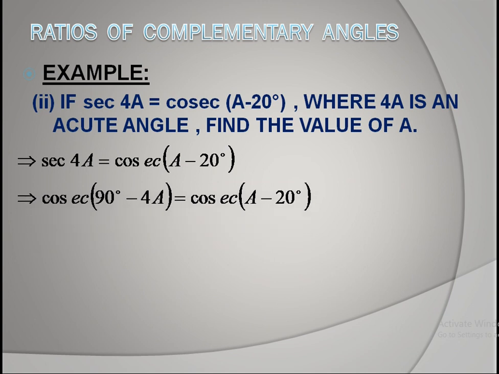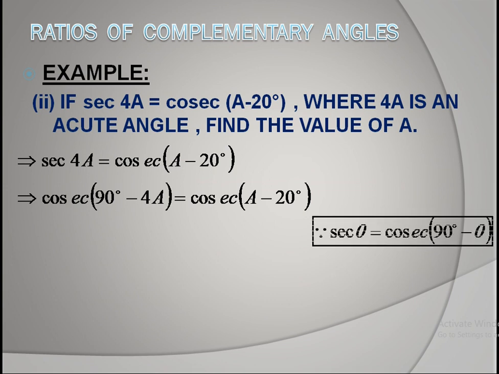This implies cosec(90 degree minus 4a) is equal to cosec(a minus 20 degree), since we know that sec theta is equal to cosec(90 degree minus theta). Here theta is 4a.